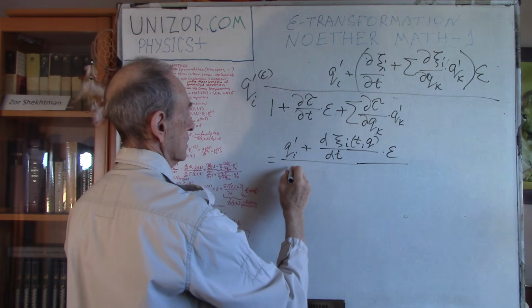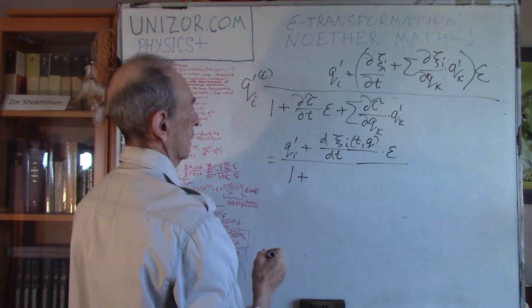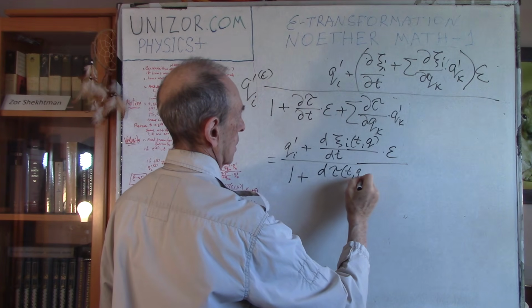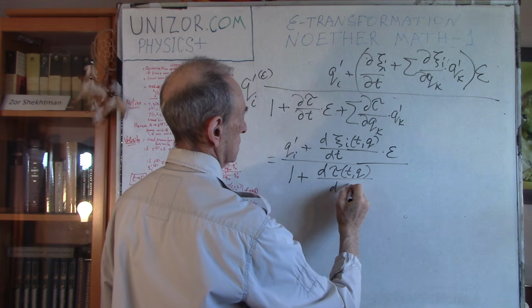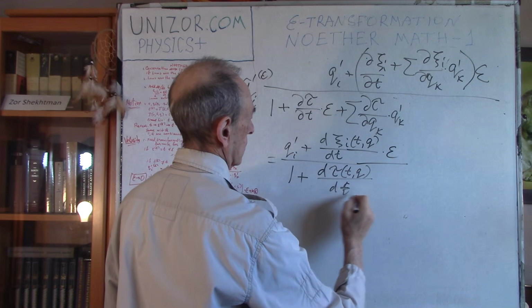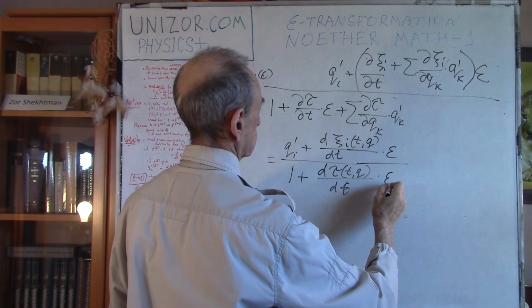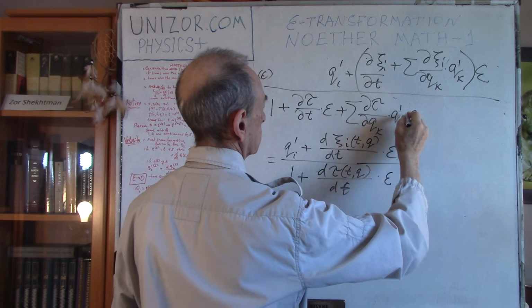Here we will have a similar situation, 1 plus full derivative of tau by dt times epsilon. Oh, I forgot to put epsilon here.